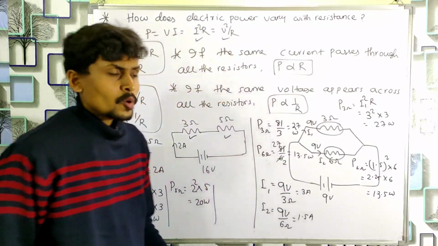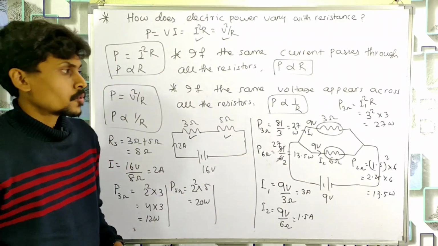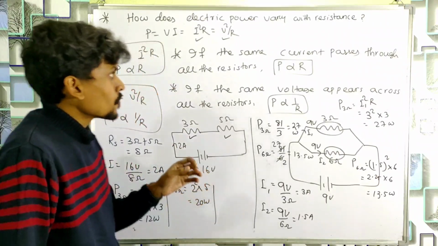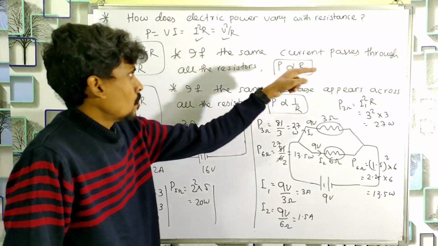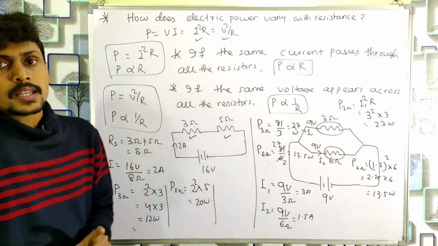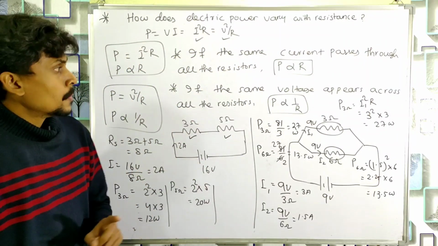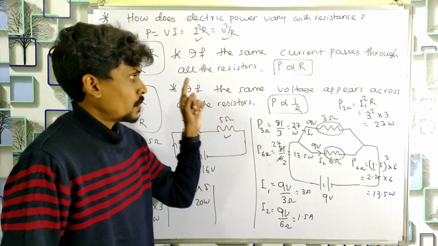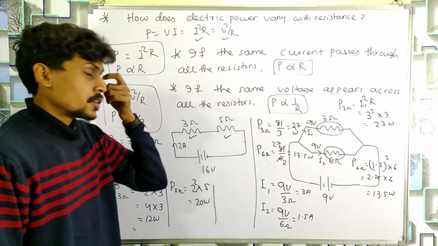Okay, so whether you apply V square by R formula or I square into R formula, you will get the same answer. But remember that if the same current passes through all the resistors, then power is directly proportional to resistance. But if the same voltage appears across all the resistors, then power is inversely proportional to resistance.